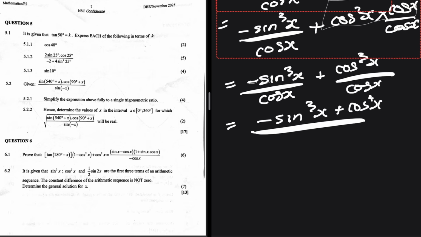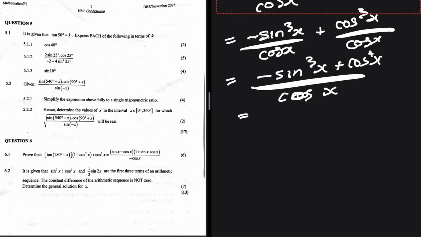That will be equal to negative sine cubed x plus cos cubed x all over cos x. So that will give us cos cubed x minus sine cubed x all over cos x.